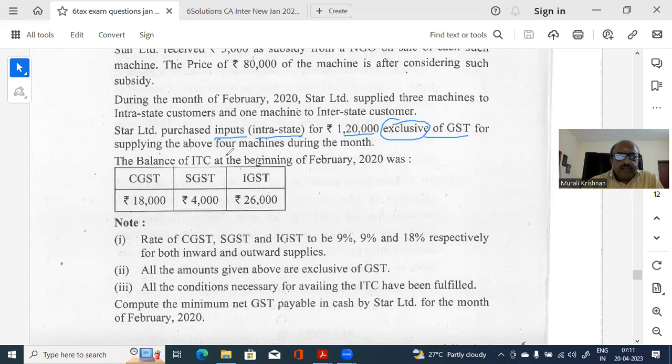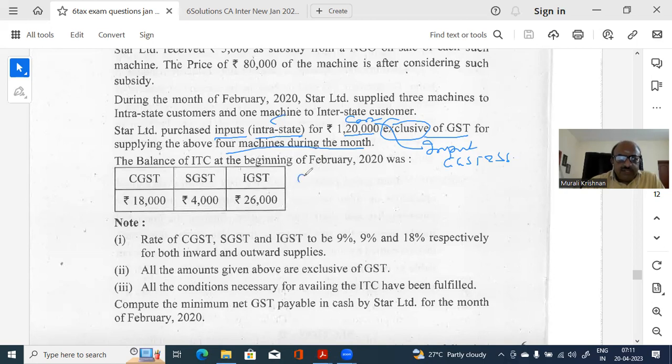For supplying the 4 machines during the month. That means he has purchased inputs for 1,20,000. This is only the cost. So from here, you have to calculate the input tax that he can get. What is it? CGST and SGST. Why? Because this is intrastate.